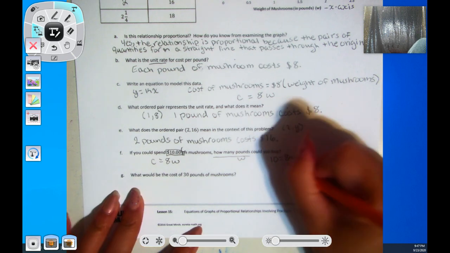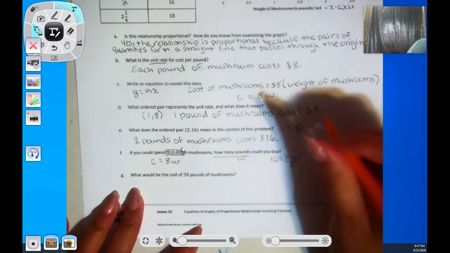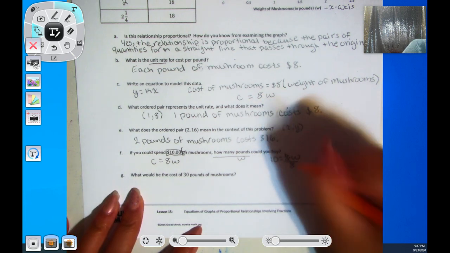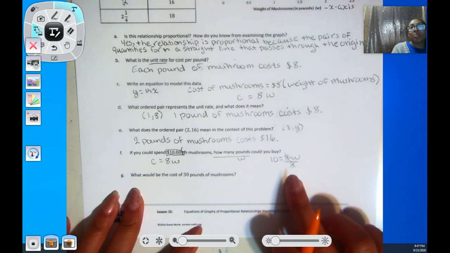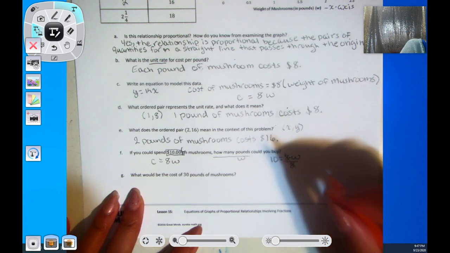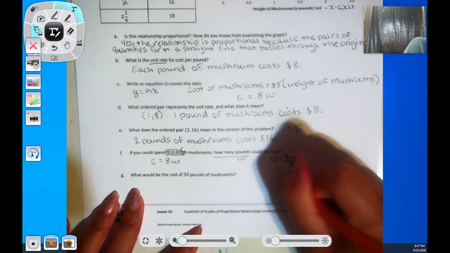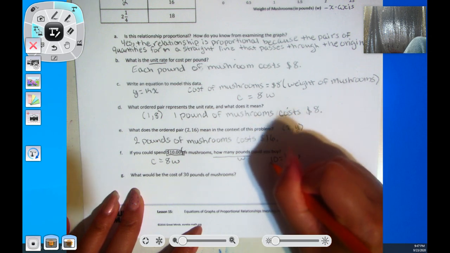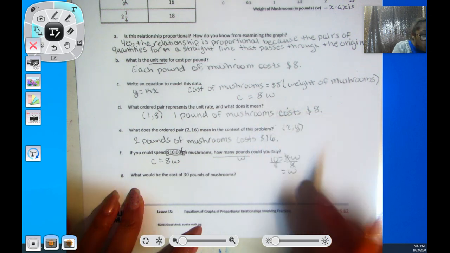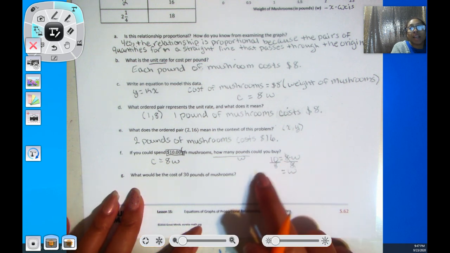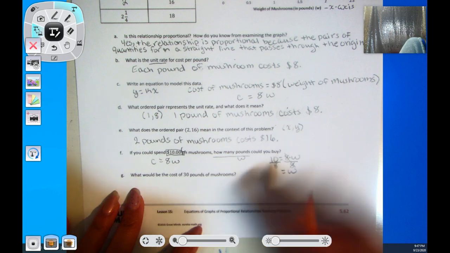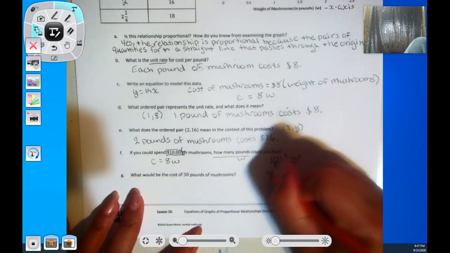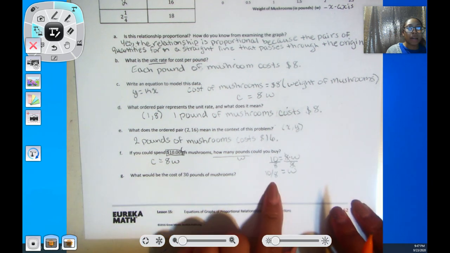So I would have to divide by 8 in order to eliminate the 8 from the right side of the equation and be left with just the W. However, in order to stay balanced, if I divide by 8 on the right side of my equation, I must do the same on the left side of my equation. So now I'm left with 10 over 8. So we have W is equal to 10 over 8.